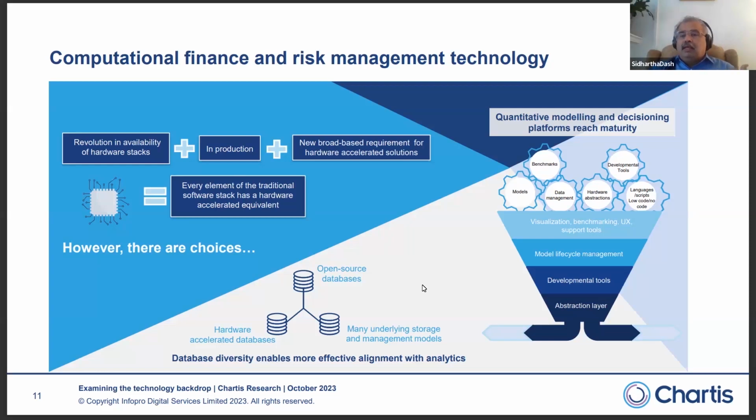So we think the revolution in analytical and data management frameworks that support, underpin, and surround risk management and computational finance algorithms and techniques has reached a level of maturity across the board, if you will. So let's examine some of the key issues in this space, if you will.